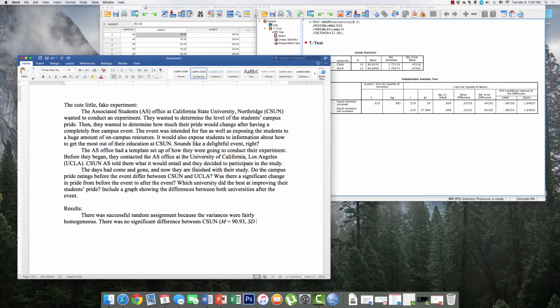Then we hit space, equal, space, and for CSUN it's 1.75, close it off, and UCLA, same thing. Okay, so there was no significant difference between CSUN and UCLA.